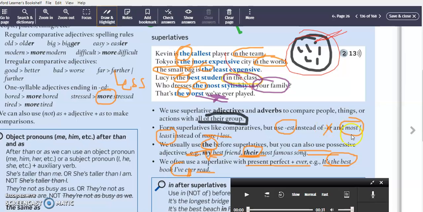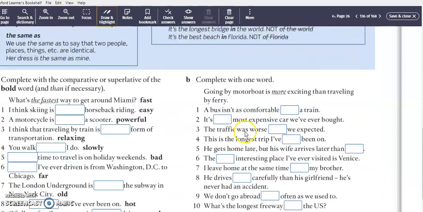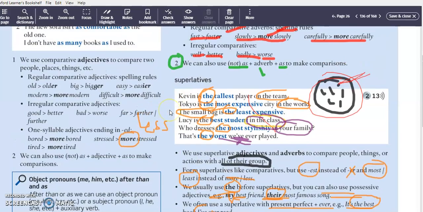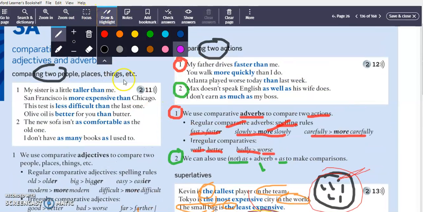Okay? So you're going to do these two exercises. Complete with the comparative or superlative of the bold word, and then, if necessary, look at the examples to see when to use than.